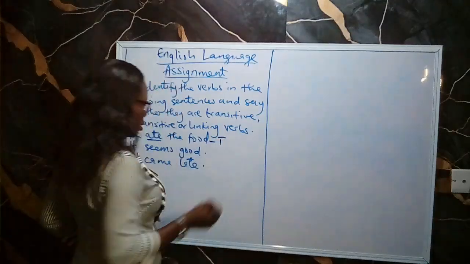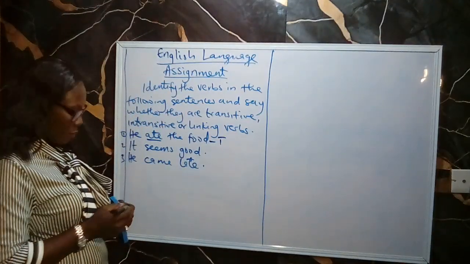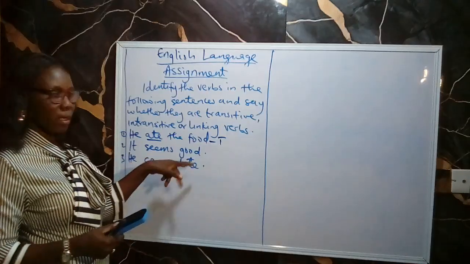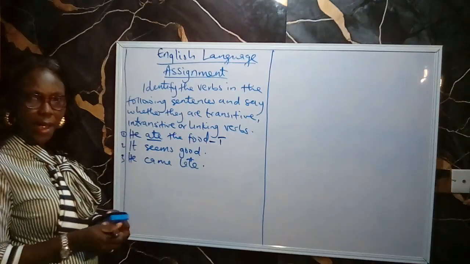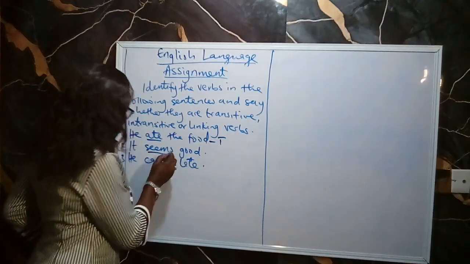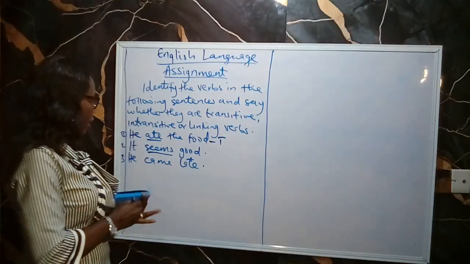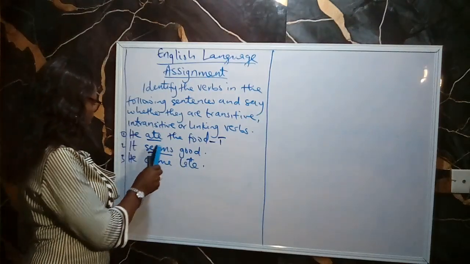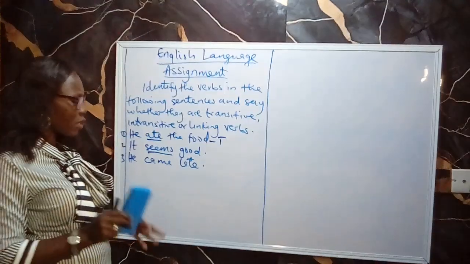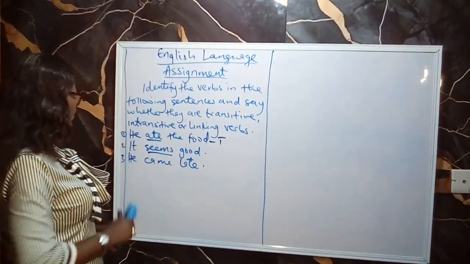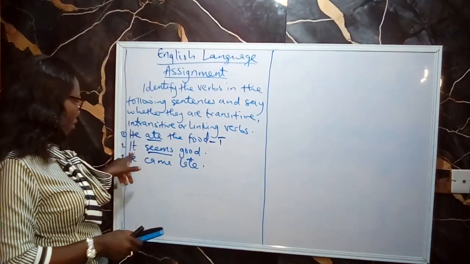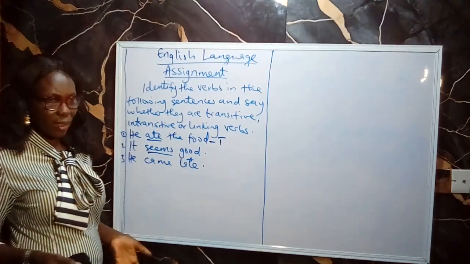I use T to represent transitive. Then the second one, it seems good. The verb here is seems. Good here is not an object because it does not receive the action of the verb seems, and the verb itself is not even action because it shows the state of being of the subject it, and good here is even an adjective.